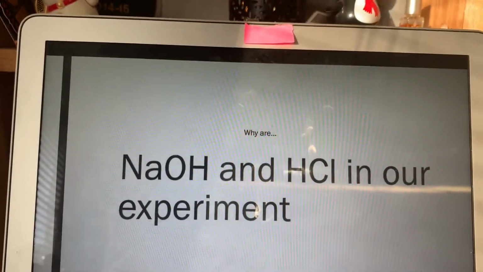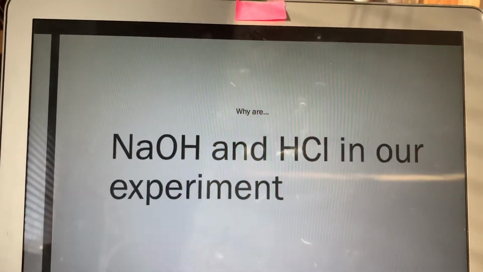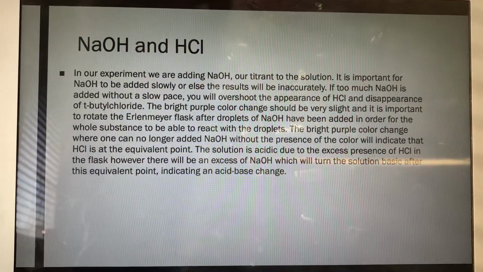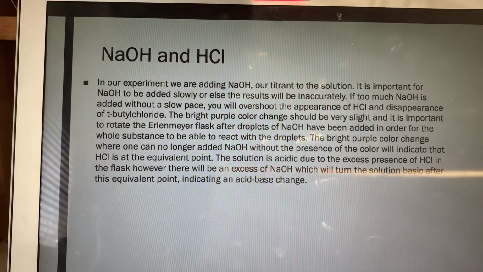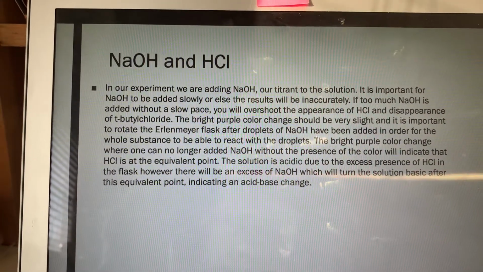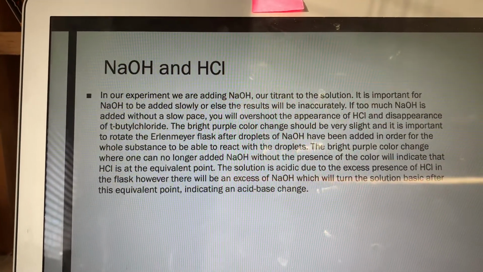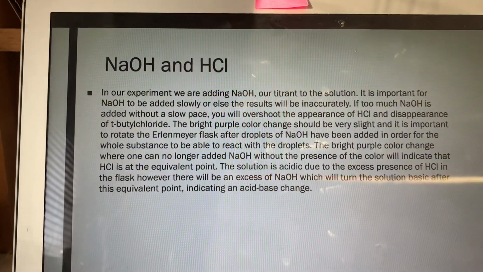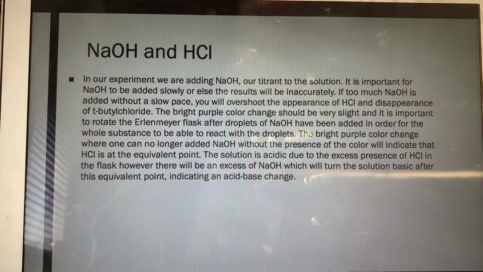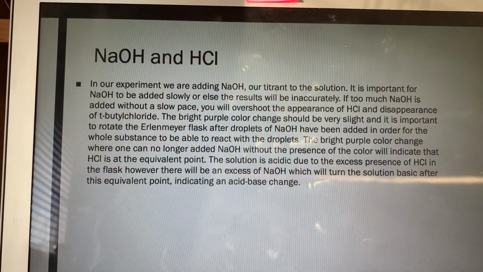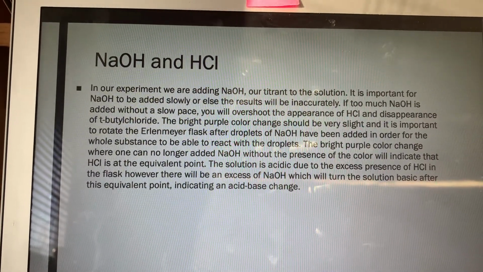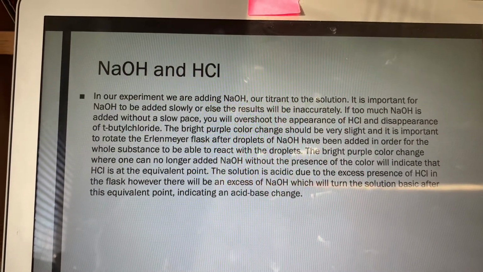Why are NaOH and HCl in our experiment? In our experiment, we are adding NaOH, our titrant, to the solution. It is important for NaOH to be added slowly, or else the results will be inaccurate. If too much NaOH is added without a slow pace, you will overshoot the appearance of HCl and the disappearance of t-butyl chloride.